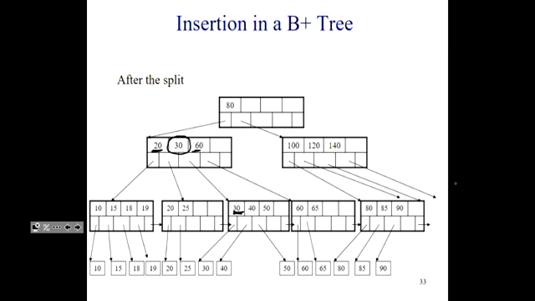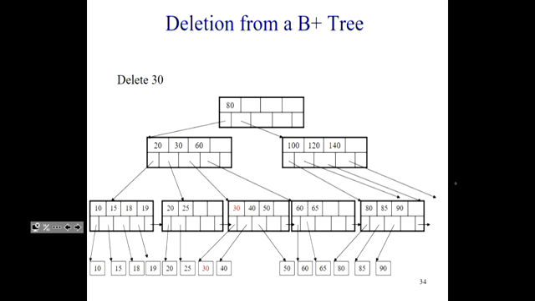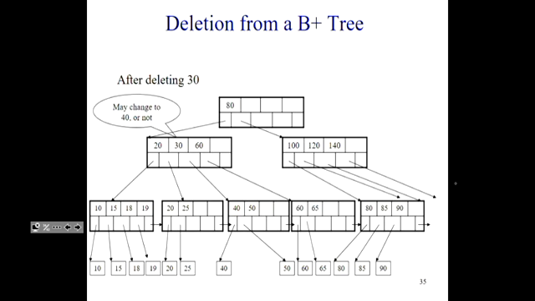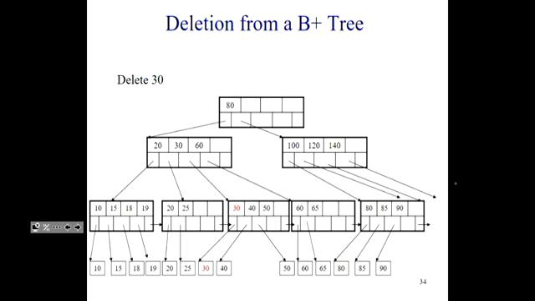Okay, so then let's see what happens when you delete. Let's say I decided to delete the value 30. How do I delete? Well, I go down once again this way, and this is where I would find values between 30 to 60, and then I want to delete this record.